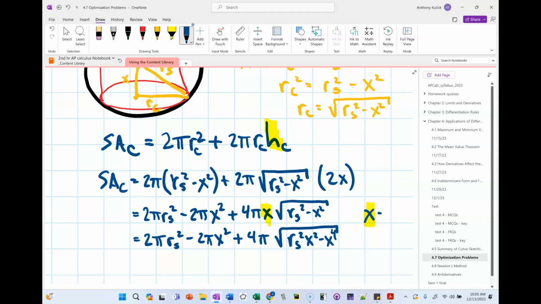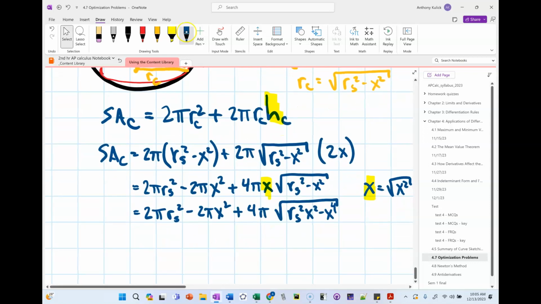I just replaced the x with square root x squared, and because it's under a square root being multiplied to a square root, I can distribute it in. That eliminates the need to do a product rule for my derivative. Could you have still done the product rule? Yeah, but I'm a pass if I can get away with algebraing it.